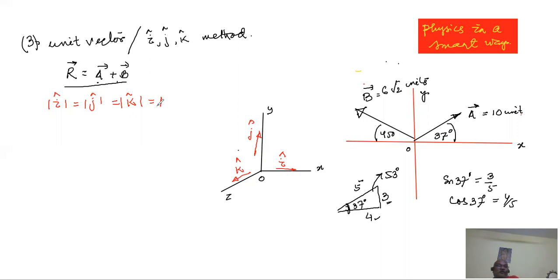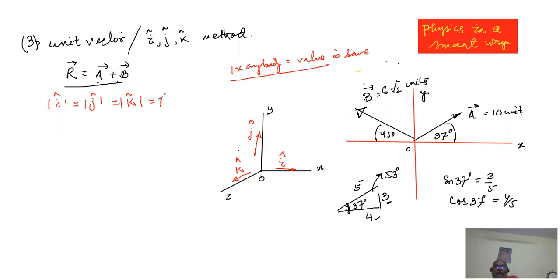The number 1 has got some special advantage. And here the biggest advantage you are going to utilize is that you multiply 1 with anybody, the value remains unchanged. The value remains same. So thereby, their magnitude is 1.